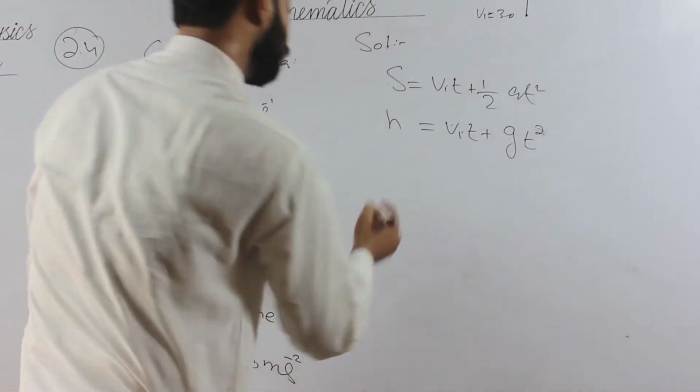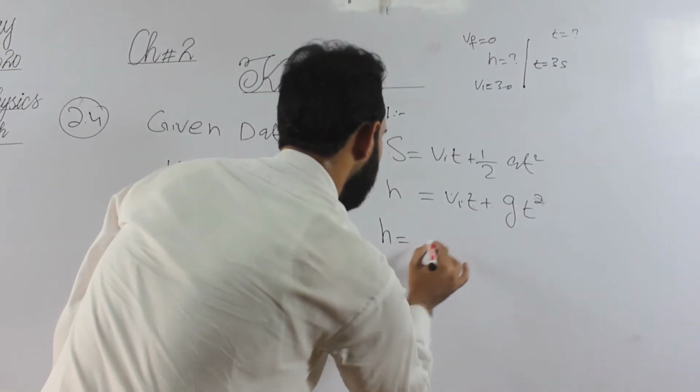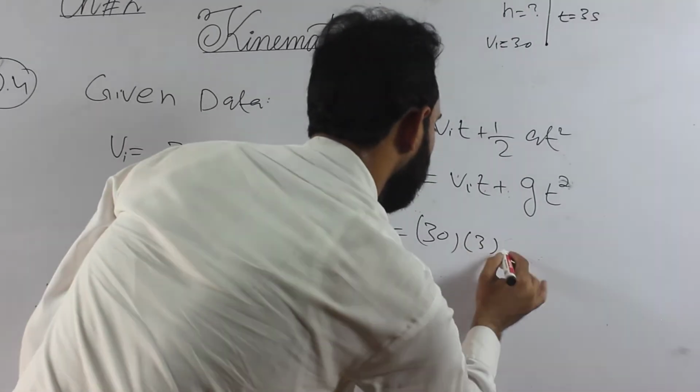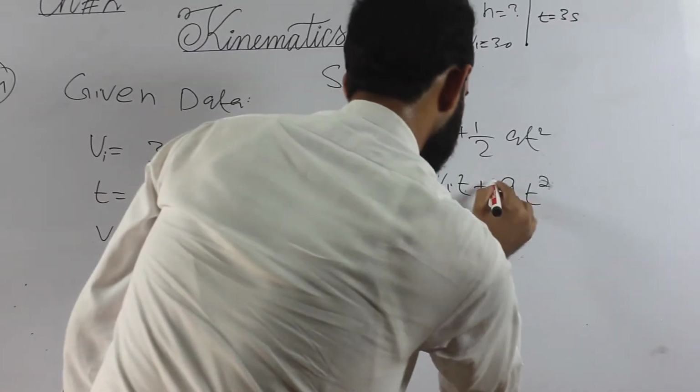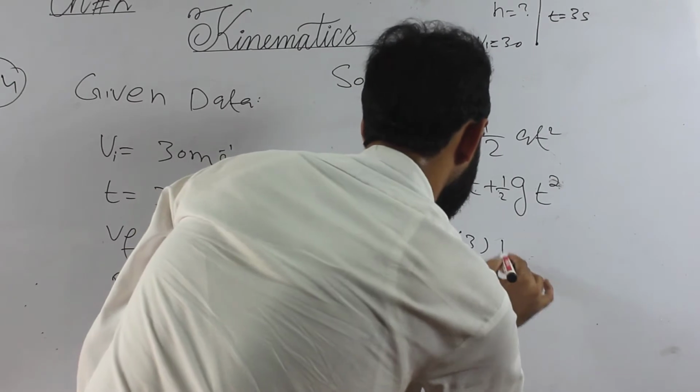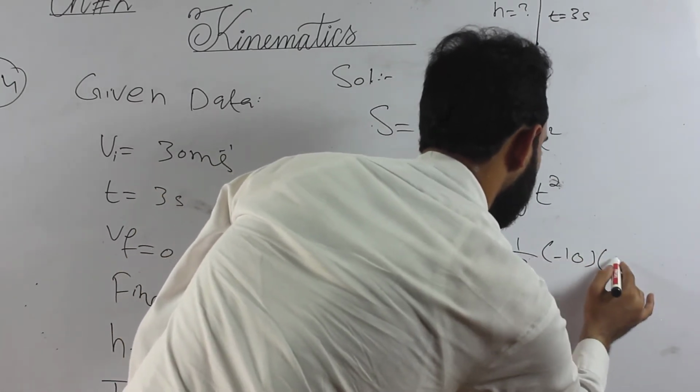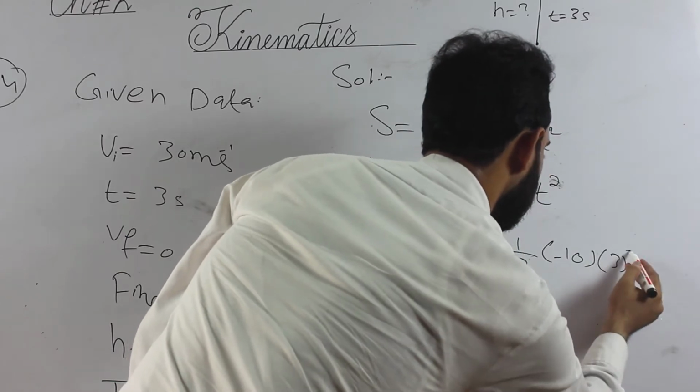Now put the values here. We have to find height. Initial velocity we have 30, time we have 3, plus 1 over 2, g's value is minus 10 and time squared is 3 squared.